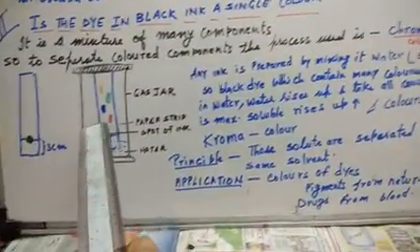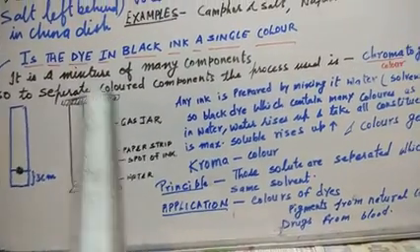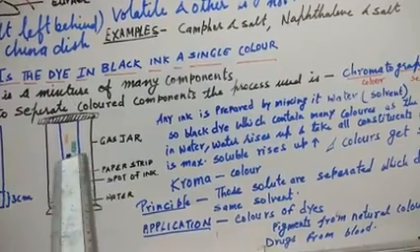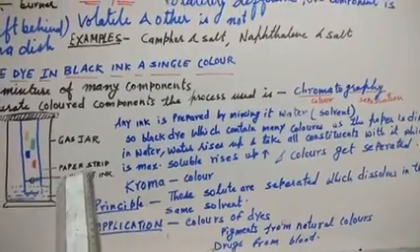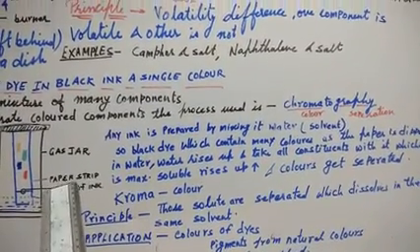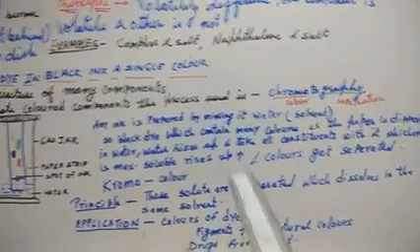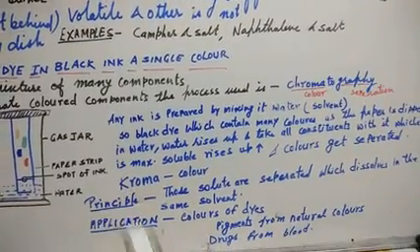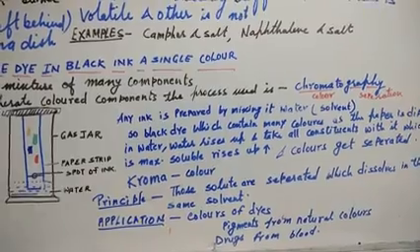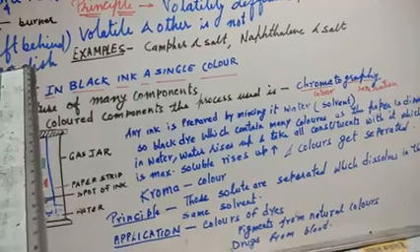Remember, students, whichever color has maximum solubility in water rises up readily with water, and that's why that particular constituent will be obtained on the top. In this way different colors get separated, because each color has different solubility in water. So whichever has maximum solubility will be on the top with water.